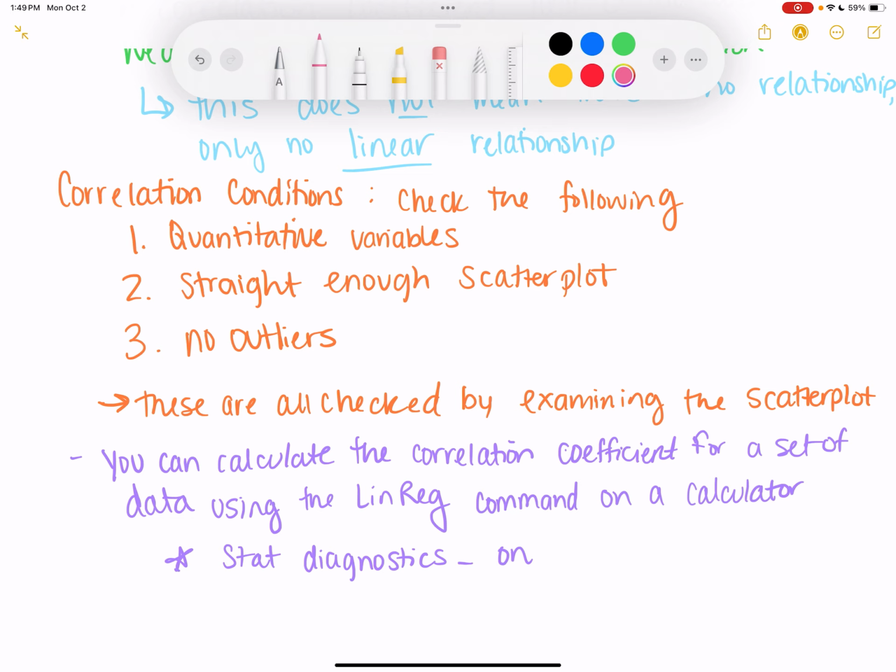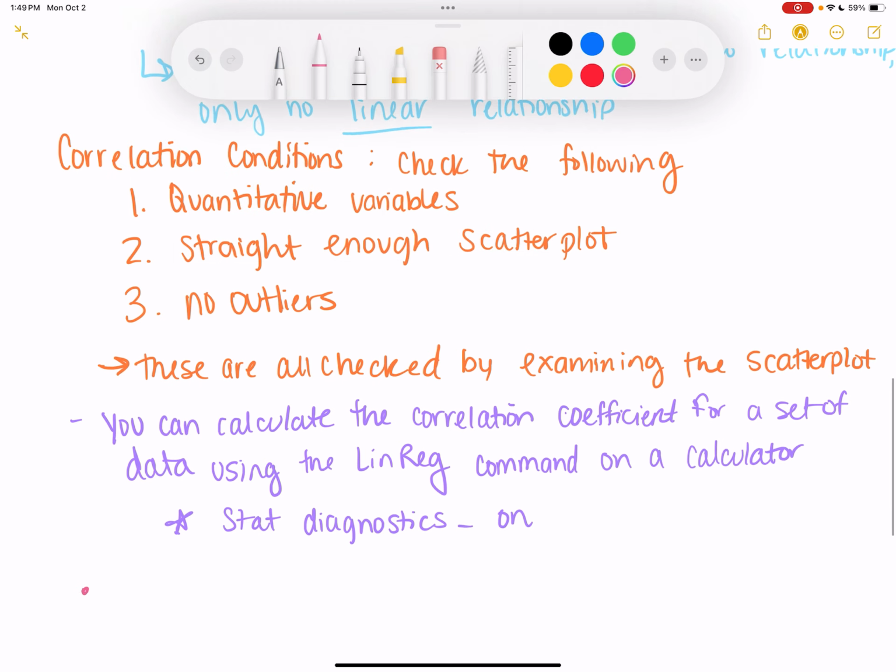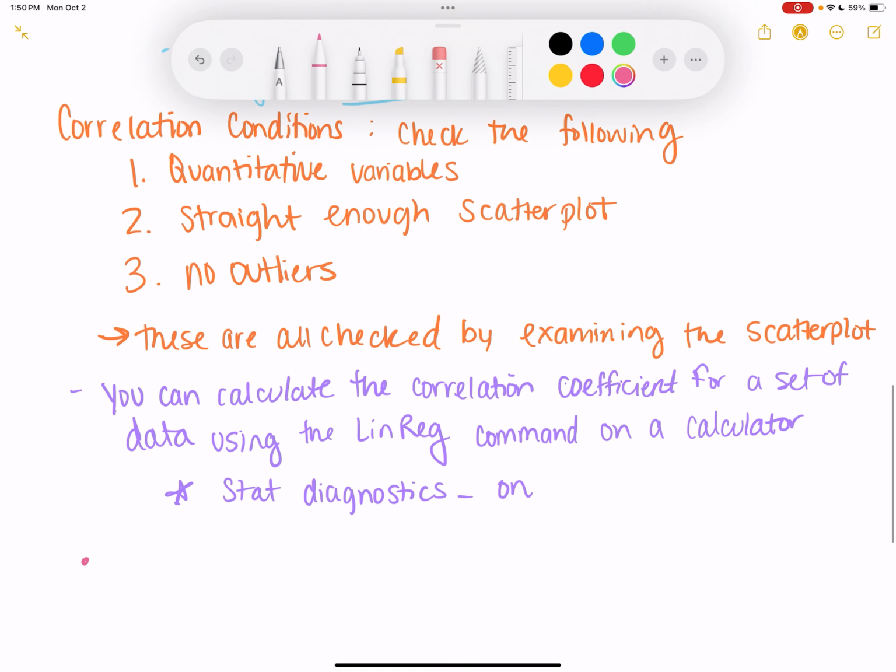All right, so a few things just to note here. Can you go back just for the correlation condition? Have you written all this other stuff? Are you that far behind? Okay, well, wait.